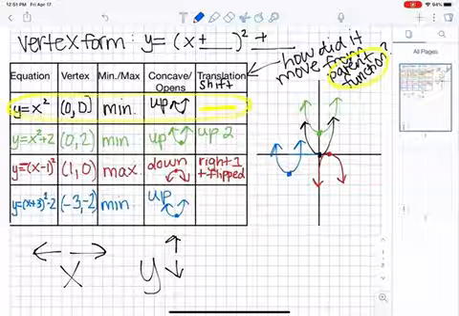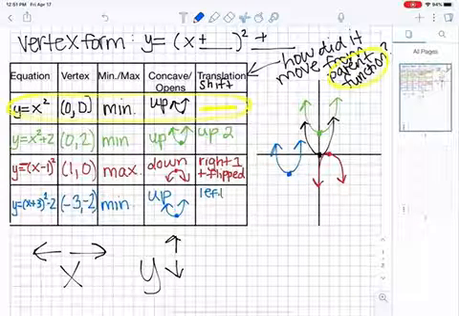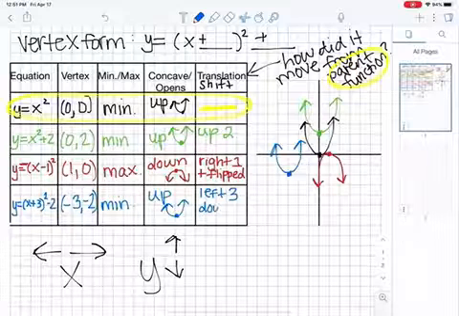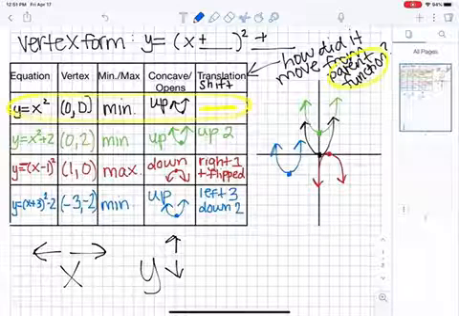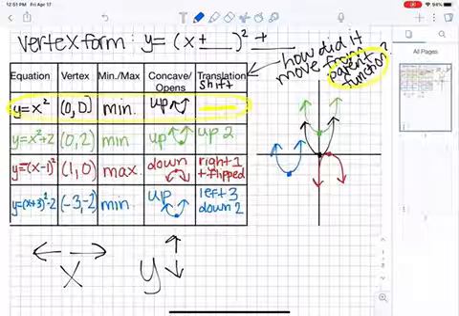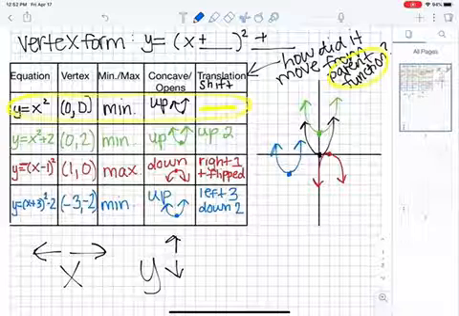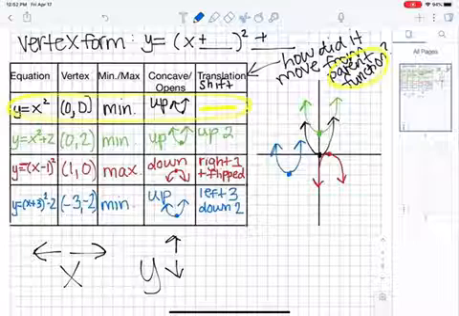So for my translation, I'm going to write left 3, down 2. And then this one did not flip upside down the way that my red one did because I don't have a negative out front of my parentheses. So hopefully now you can understand how moving the vertex translates our parabola from the parent function.